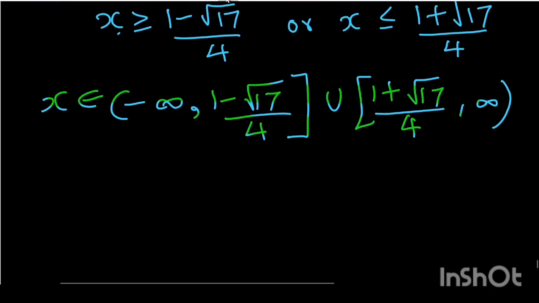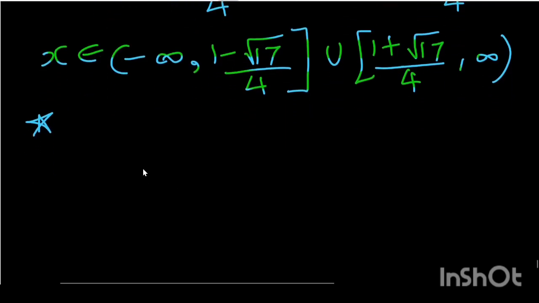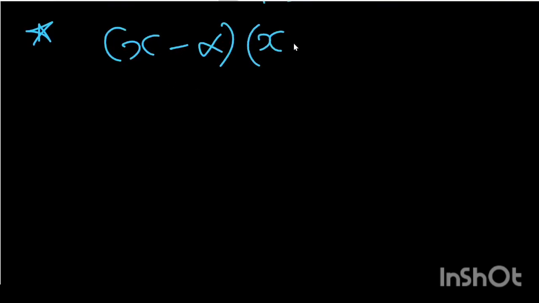Okay, guys. Now proceeding with the same concept of sign, in a similar way we can derive (x minus alpha)(x minus beta) less than 0, and it comes out the same as what we did in method 1.